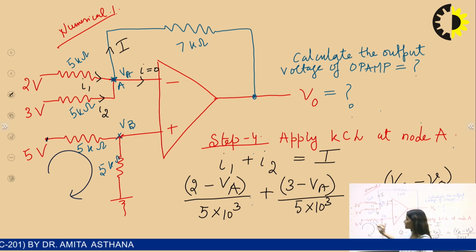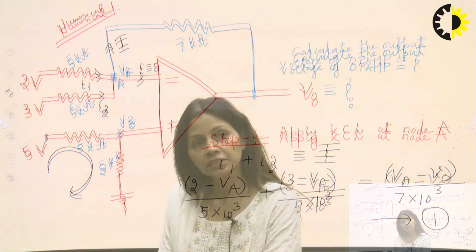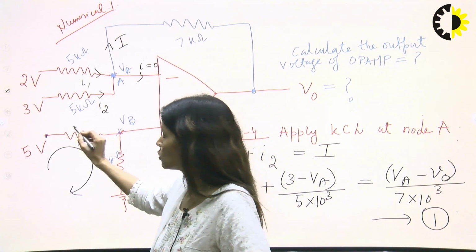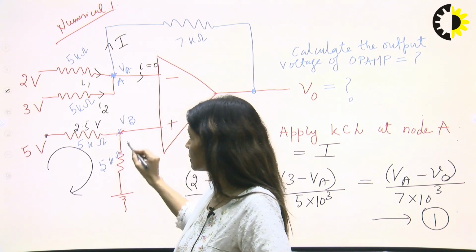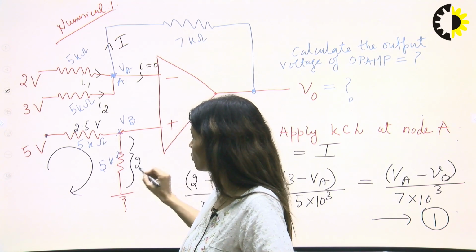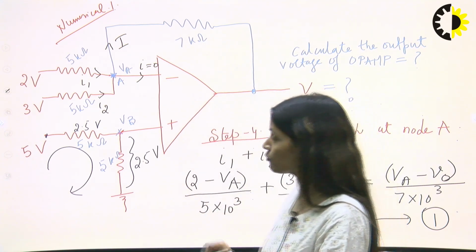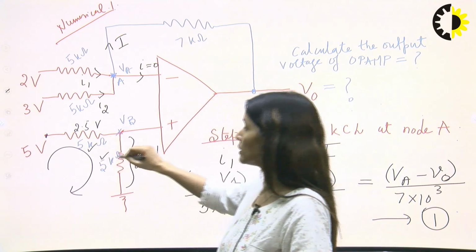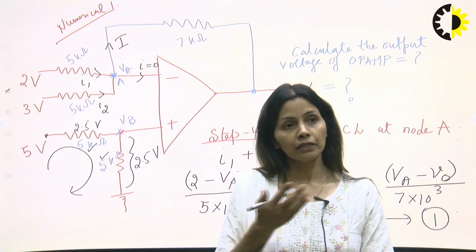Since these two resistances are equal, they will have the same voltage. That means this resistance will take 2.5 volts, and this resistance will also take 2.5 volts. This is happening because of the voltage divider rule.